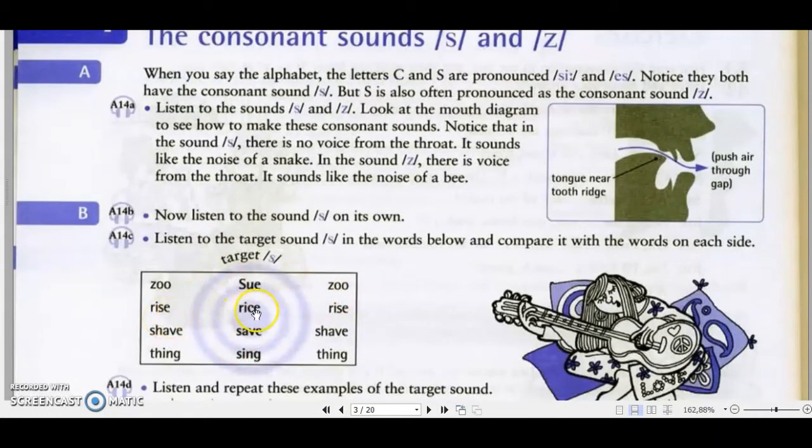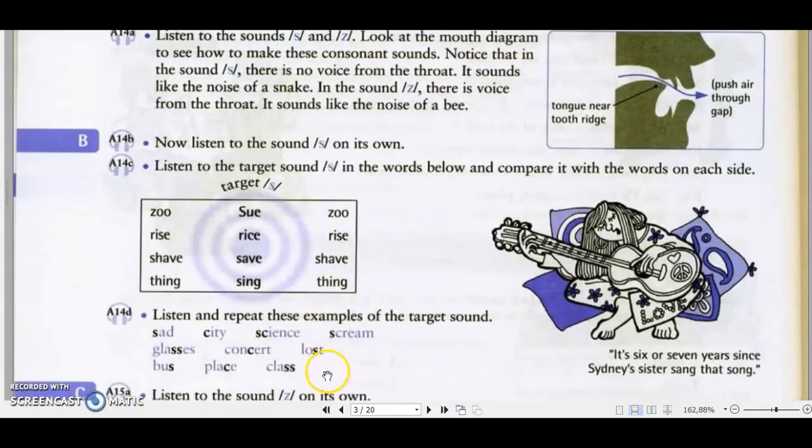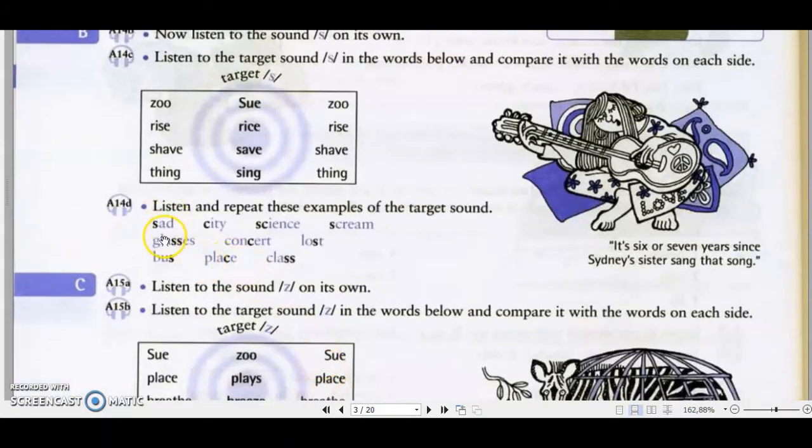Rise, rise. Shave, save, shave. Thing, thing. Sad, city, science, screen. Glasses, concert, lost, bus, plane, cut.